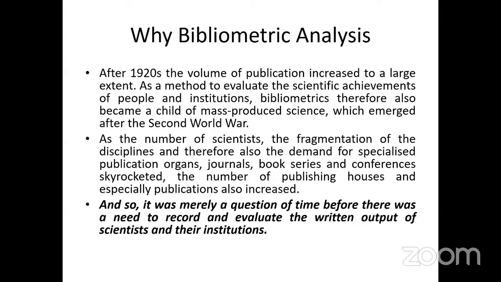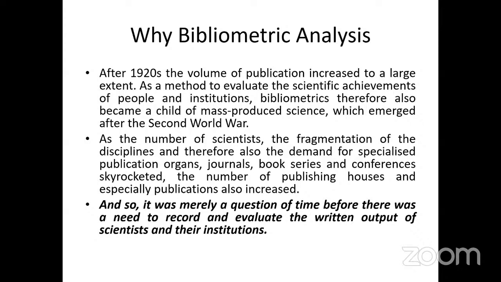The paper publication became a child of mass-produced science, which emerged after the second world war. As the number of scientists increased, the fragmentation of the disciplines and therefore also the demand for specialized publication organs, journals, book series, and conferences skyrocketed. I hope you are all experiencing the same thing after COVID in India also.